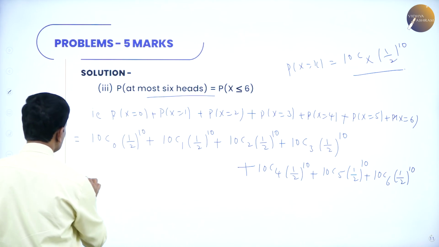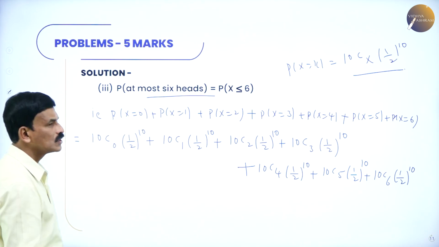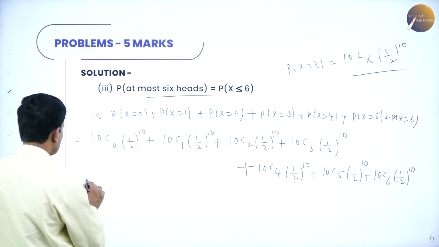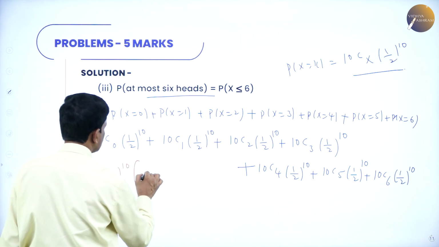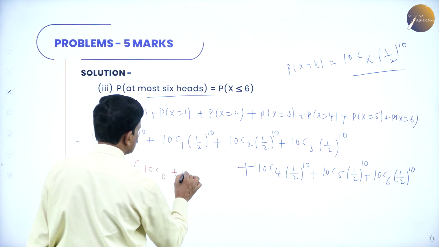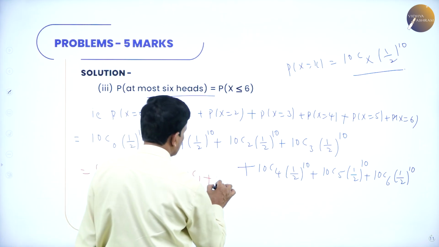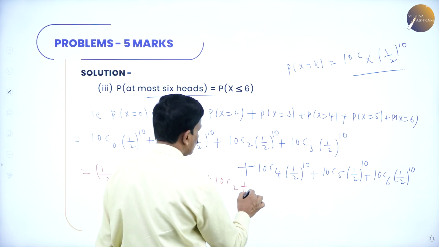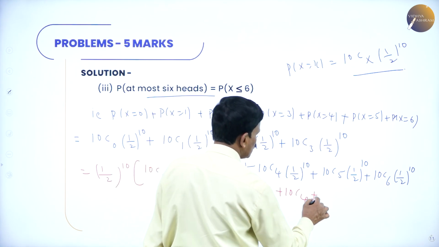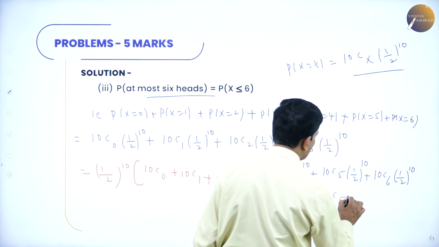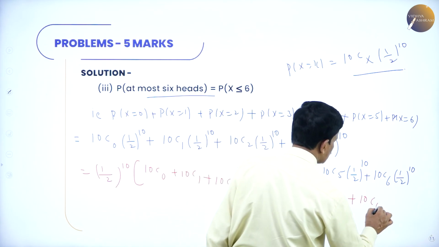So you can take the common factor. What is the common factor here? 1 by 2 to the power of 10, and simplifying 10c0 plus 10c1 plus 10c2 plus 10c3 plus 10c4 plus 10c5 plus 10c6.